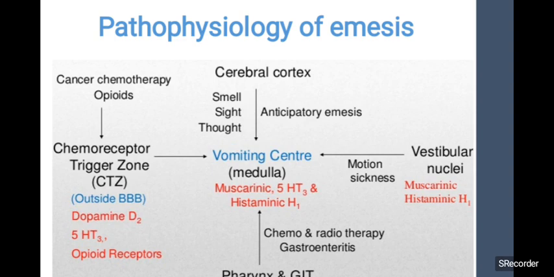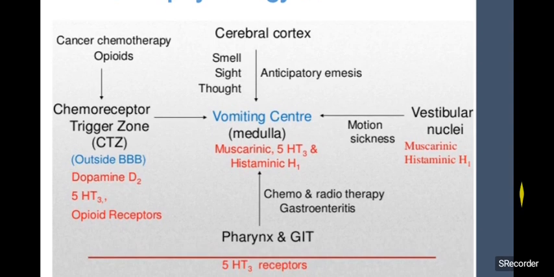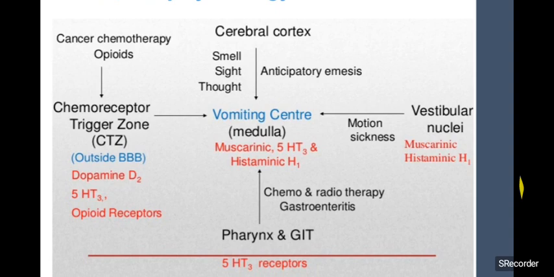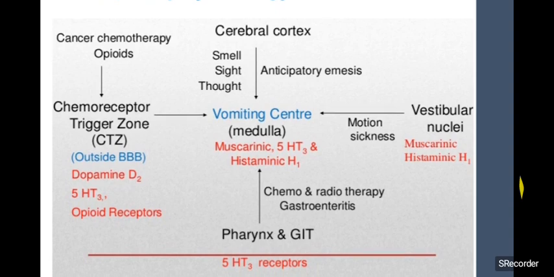Cancer chemotherapy and the opioids can also stimulate the chemoreceptor trigger zone, leading to vomiting. Another source, we saw the vestibular system, which is important in motion sickness. Another thing we saw is from the GIT and the pharynx: there are some drugs which can irritate the GIT and lead to vomiting.